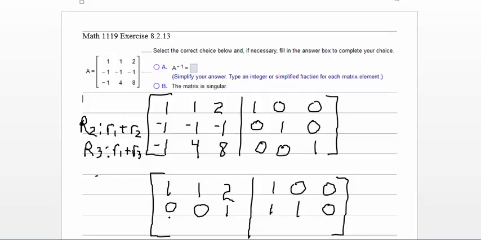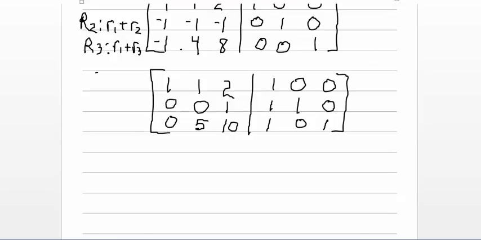So when I change my row 2 by adding the previous row 1 and row 2 together, I get the row 2 that you see. When I change row 3 by adding the previous row 1 and row 3 together, I get this new row 3. So I'm actually going to write what I've done beside the work that I've done.